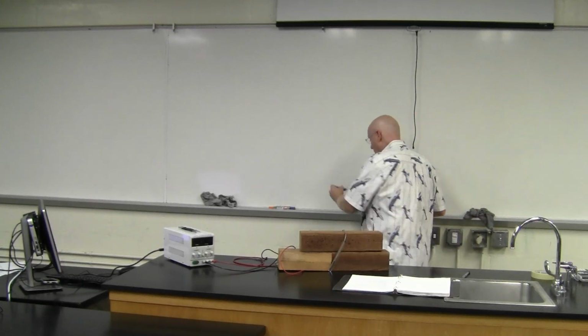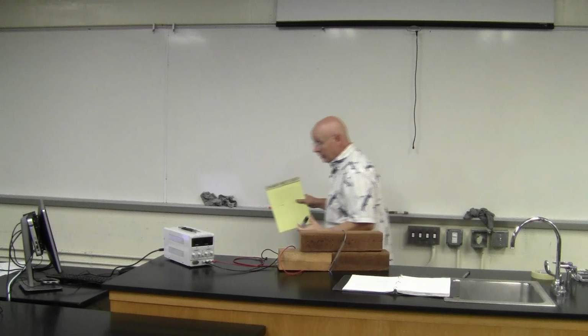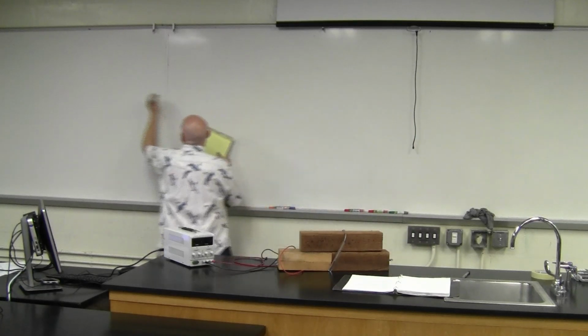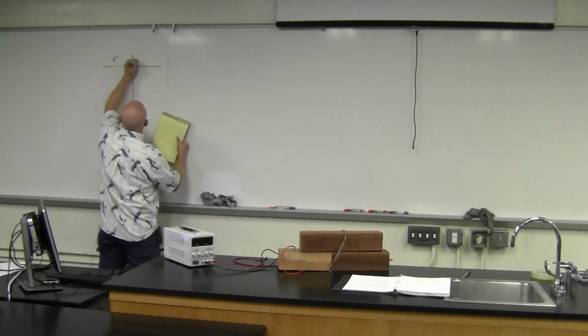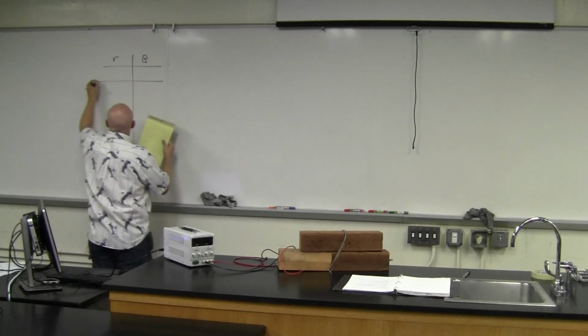Anyways, let me put these on the board here. So here's what I have for the long straight wire. As we move away from the wire, what is the field that we get?